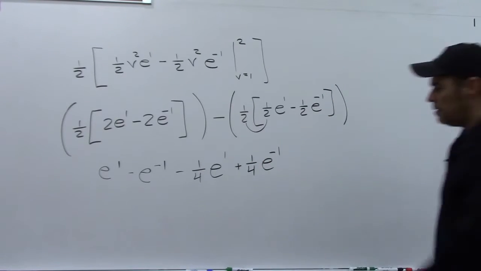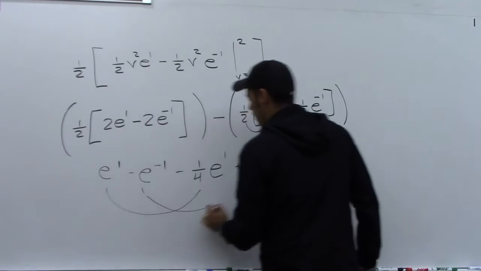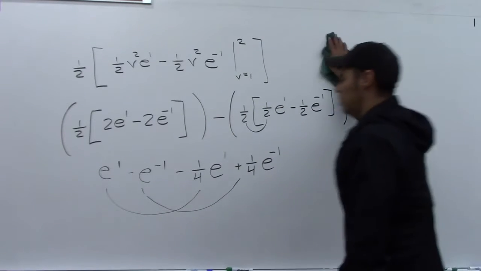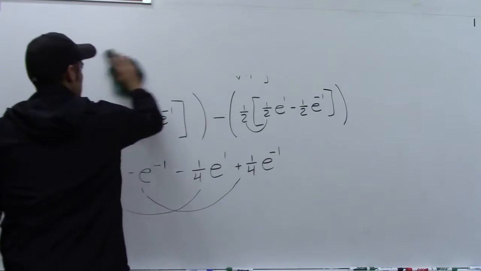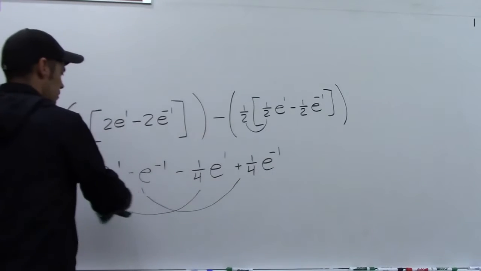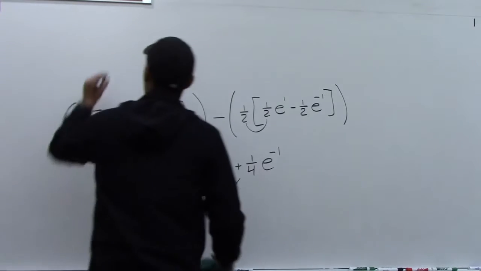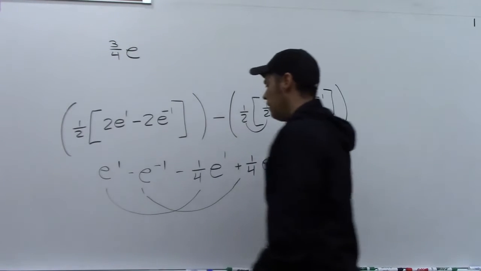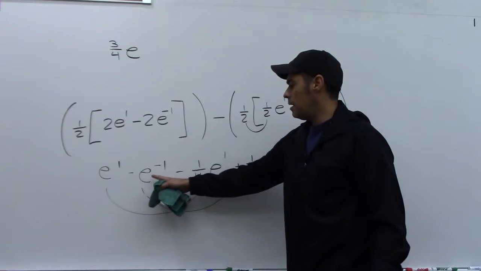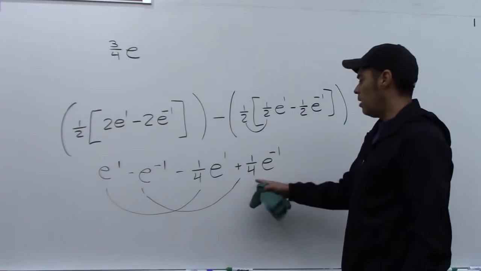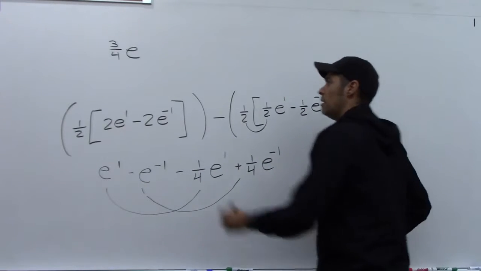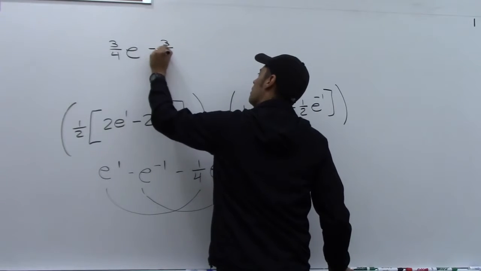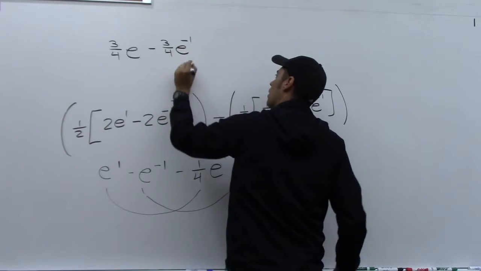And you can combine these two together and these two together. So you get e to the 1 minus 1/4 e to the 1 is 3/4 e to the 1. I'm just going to write as e. And then negative e to the negative 1 plus 1/4 e to the negative 1 is minus 3/4 e to the negative 1.